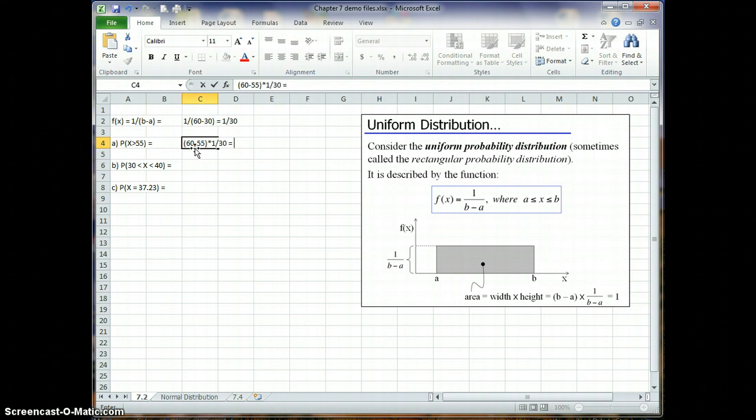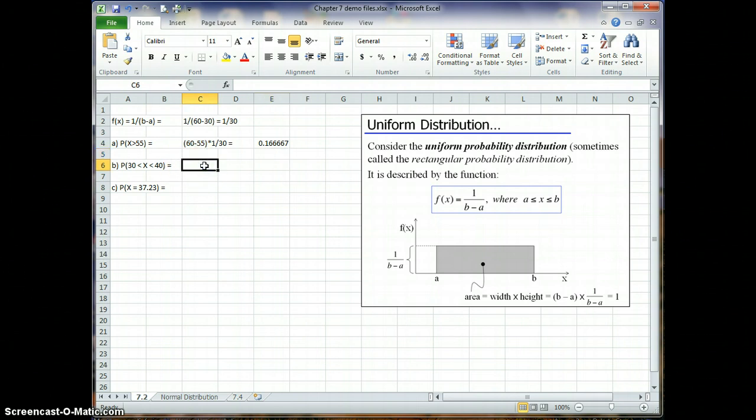And now we're just going to do this calculation: 60 minus 55 times 1 divided by 30 gives us 0.166667. So the probability then of it taking more than 55 minutes is 0.166667.